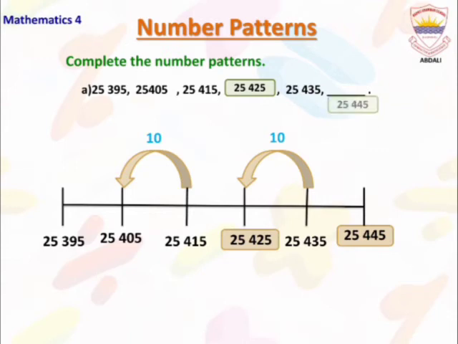Our last number is 25,445. Students, we complete our number pattern. The difference between each number is 10.